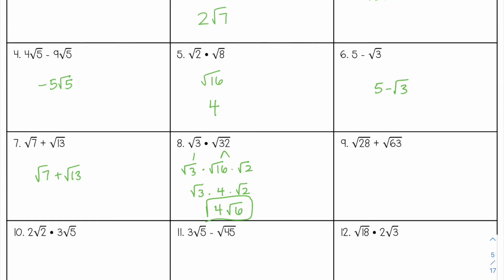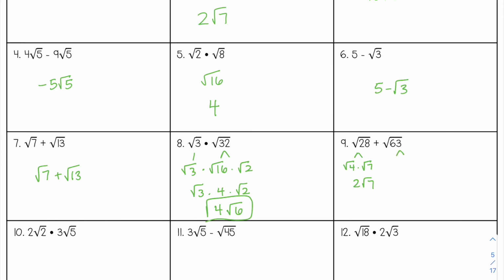Okay, number 9. I'm adding here, but those do not have the same radicand, but those are pretty large numbers, so I can probably simplify them and see if they do have the same radicand when they are simplified. So let's see, 28, the largest perfect square that will go into 28 is 4. 4 times the square root of 7, so that gives me 2 square roots of 7.